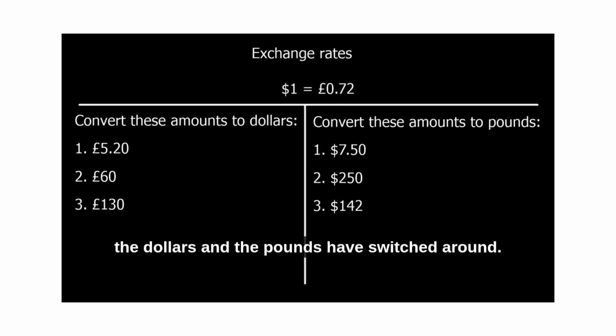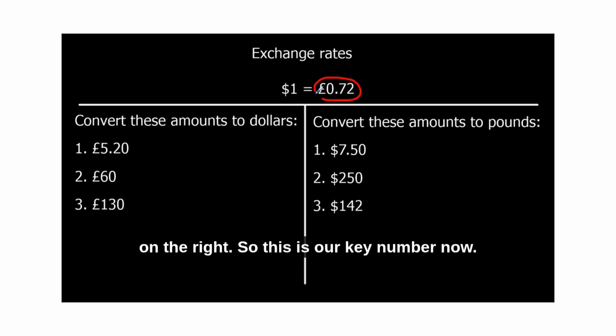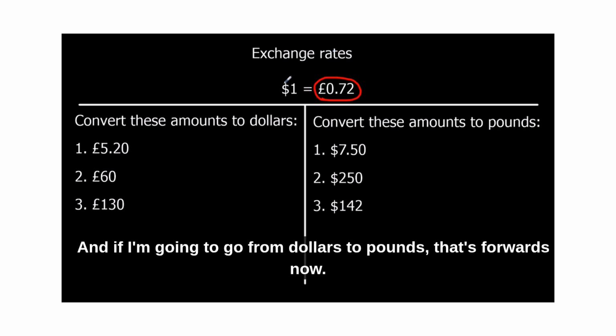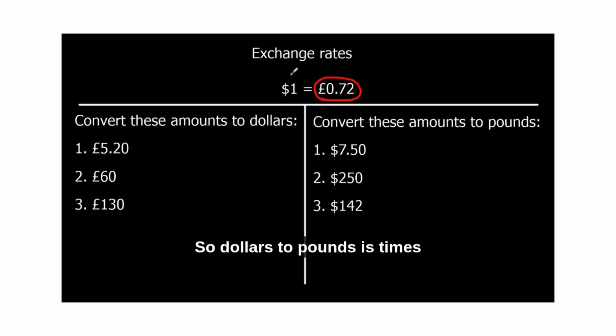Okay, so in this example, the dollars and the pounds have switched round. So we've got dollars on the left and pounds on the right. So this is our key number now, 0.72 is our exchange rate. If I'm going to go from dollars to pounds, that's forwards now. So dollars to pounds is times, pounds back to dollars, backwards, divide.